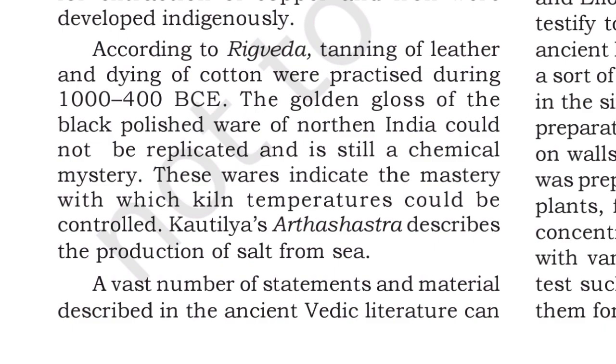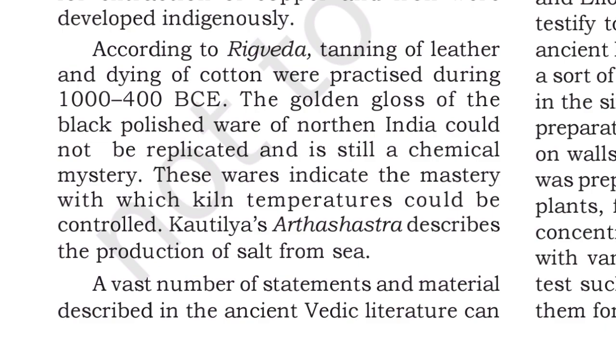The golden gloss of the black polished ware of northern India could not be replicated and is still a chemical mystery. These wares indicate the mastery with which high temperatures could be controlled. Kautilya's Arthashastra describes the production of salt from sea.